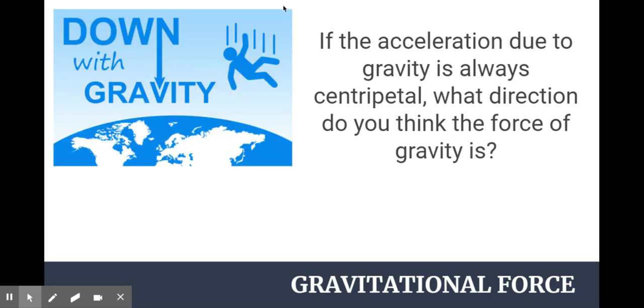Okay? Now, let's talk about direction. The acceleration due to gravity is always centripetal. So once again, what direction do you think the force of gravity is? If the acceleration due to gravity is always centripetal or center-seeking, what do you think the direction of the force of gravity would be? Well, it's also going to be centripetal.